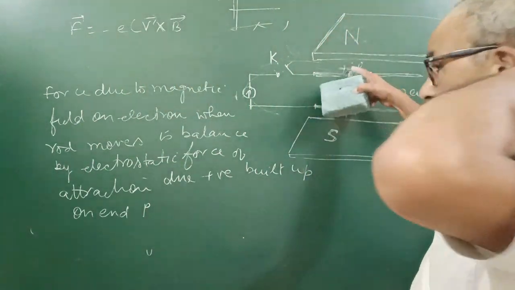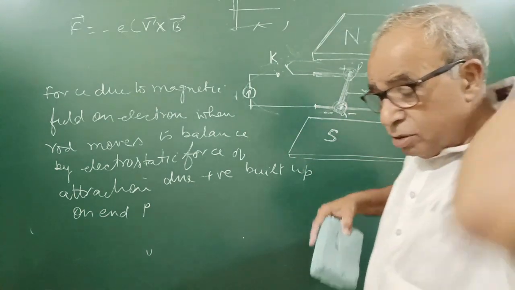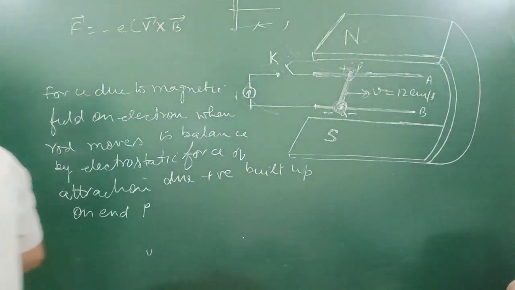There will be net positive charge on this side and negative charge on this side. So the balance is there.